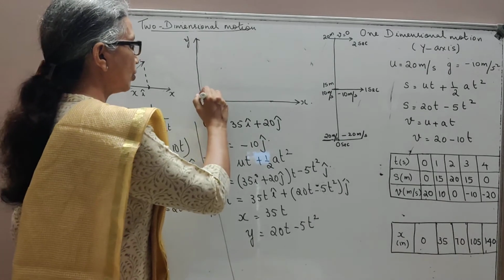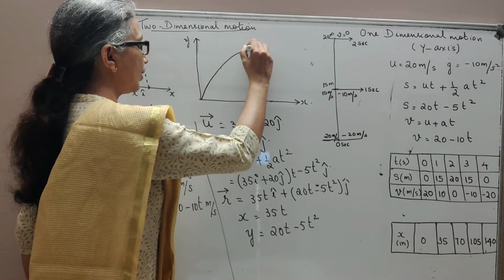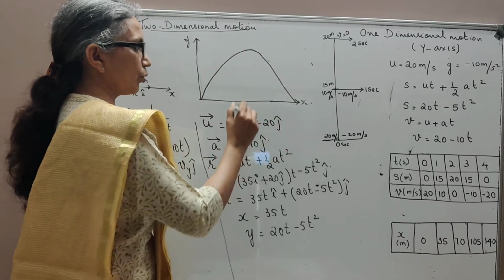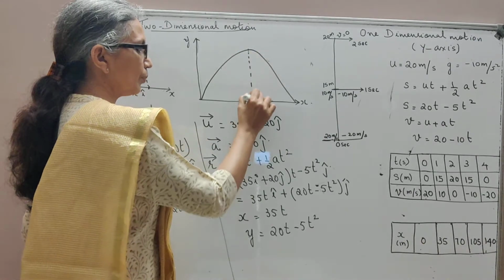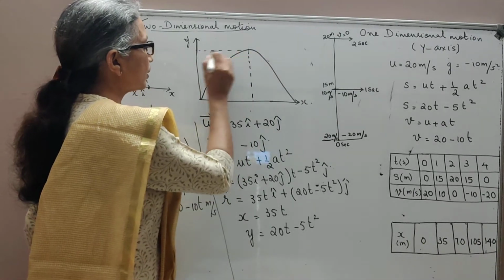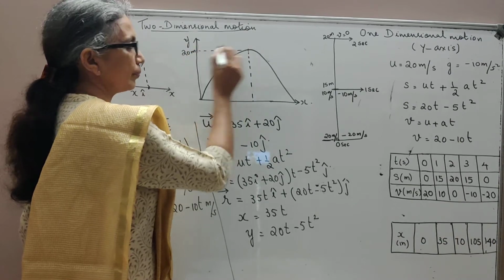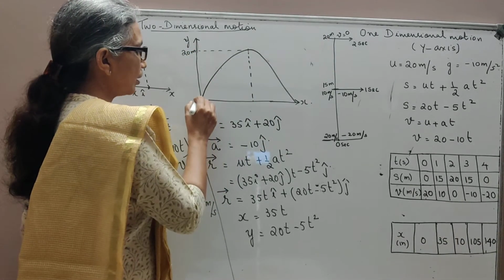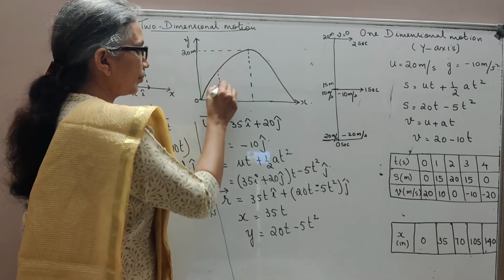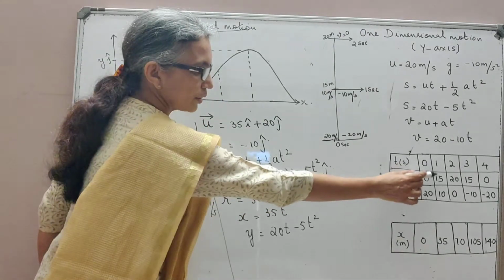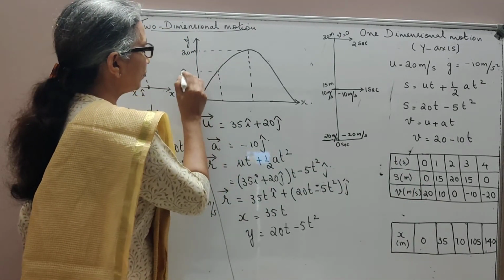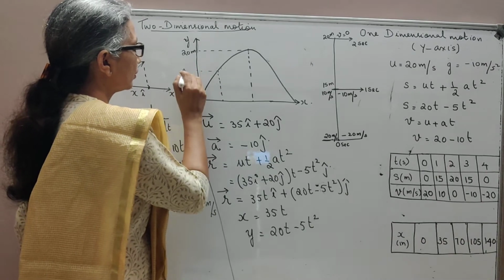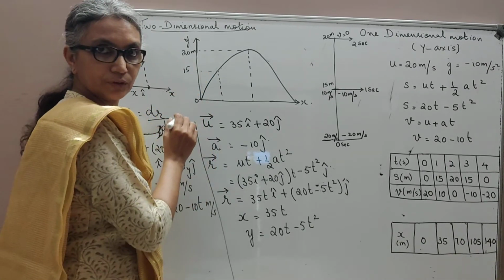So your body should reach some maximum height and then return back to 0. This maximum height along the y-axis will be 20 meter. Starting from 0, at 1 second it is at 15 meter along the y-axis. Okay.